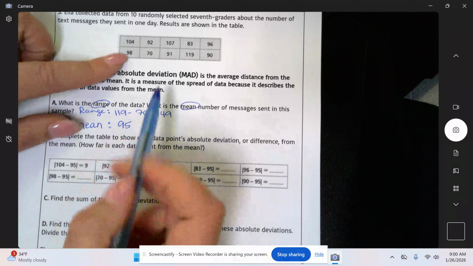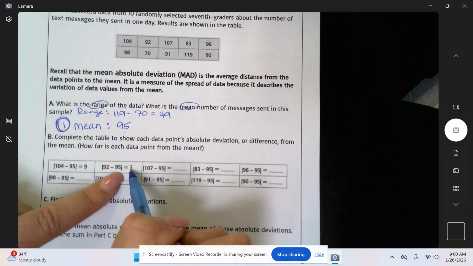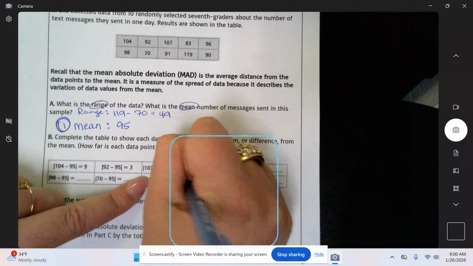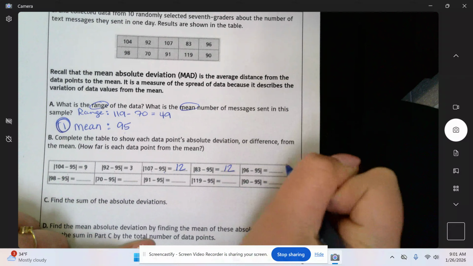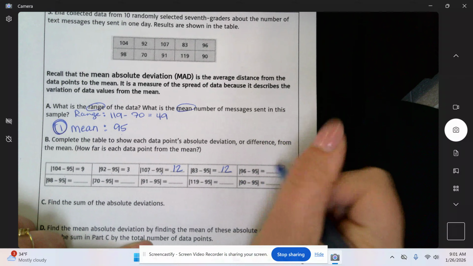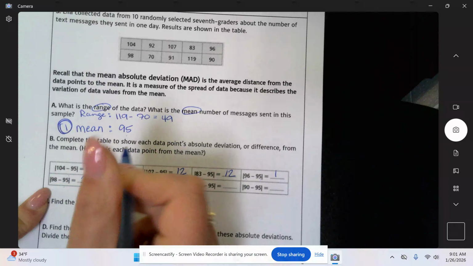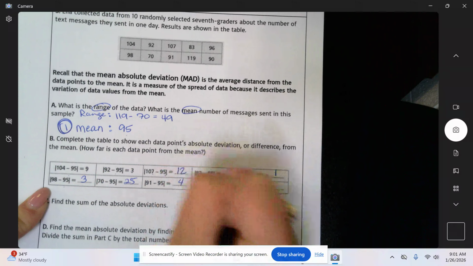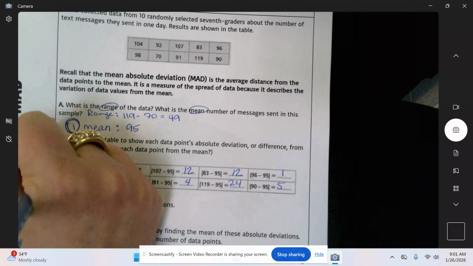I'm going to take 92, subtract the mean, and make it a positive 3. 107 minus the mean, and I get 12. 83 minus 95 gives me 12. 96 minus 95 is 1. 98 minus 95 is 3. 70 minus 95, positive 25, and so on. So this is step 2.